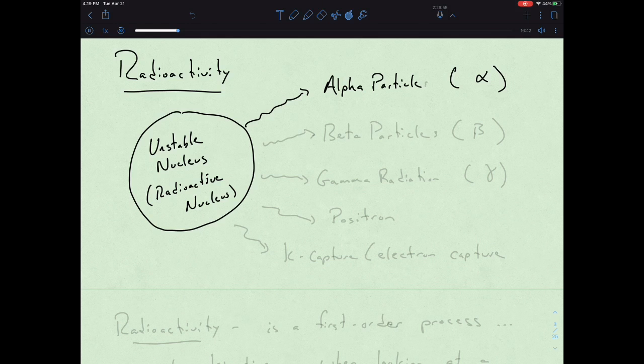We have beta particle, and beta tends to get this type of moniker. We have gamma radiation.